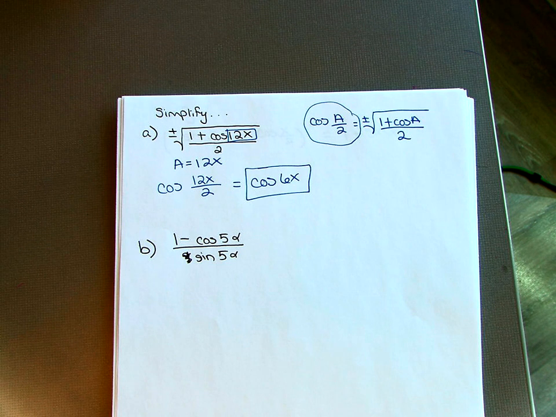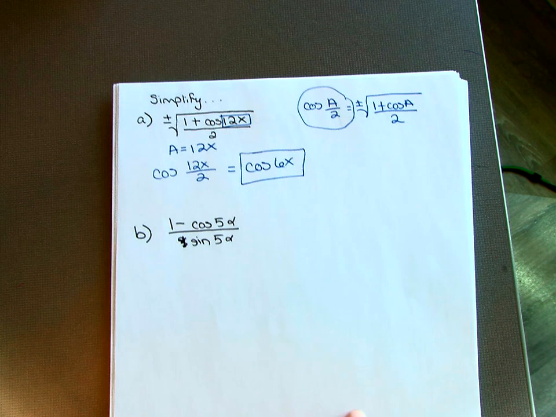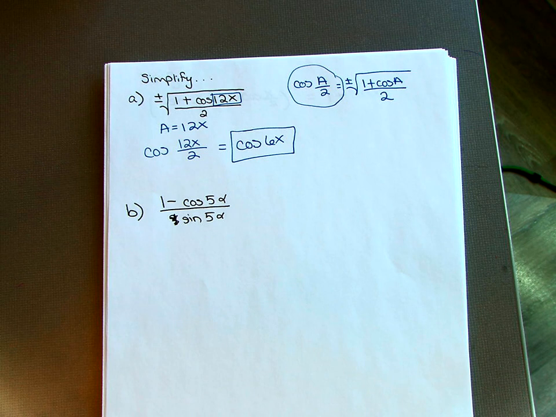So let's look at B. 1 minus cosine 5 of alpha over sine 5 of alpha. We've got to figure out what in the world that looks like. Here's a hint. There's no radical in this one.